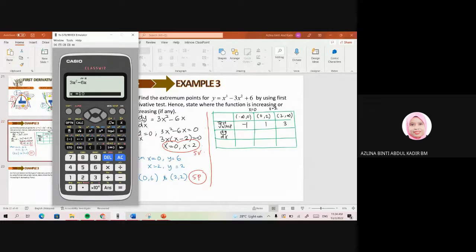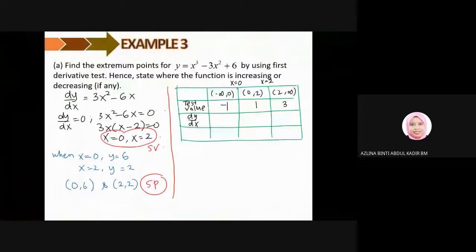Insert value -1, double equal. So we get positive 9. Fill in the blank: positive.